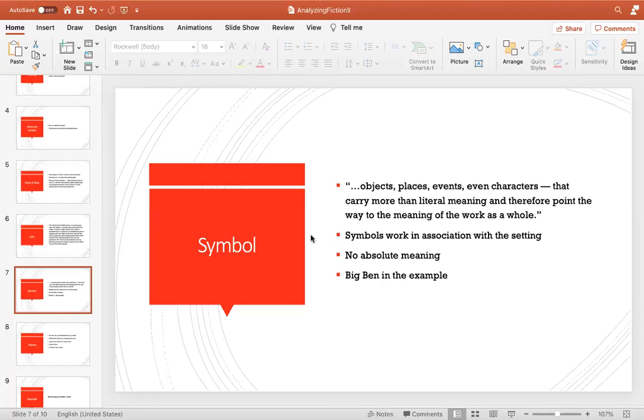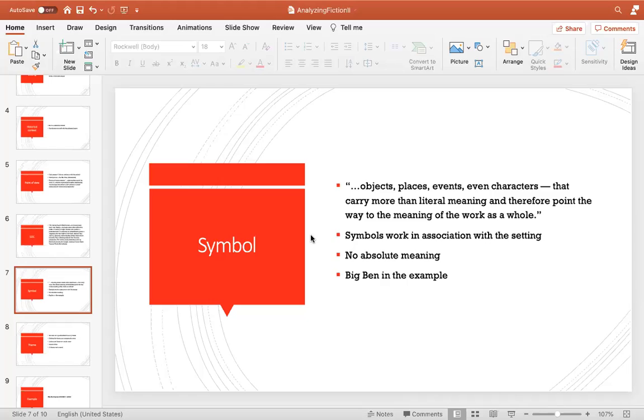Other kinds of text, for example, the text of history, of sociology, of psychology, or of philosophy, they usually do not have symbols like this, but literature has many symbols, and those symbols invoke their own meaning.